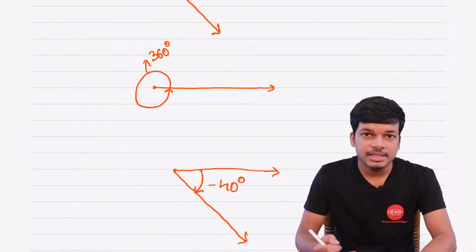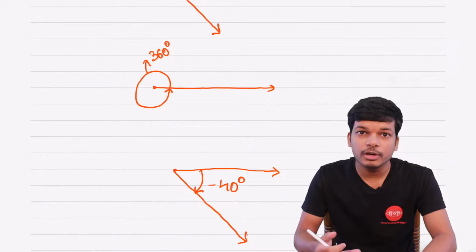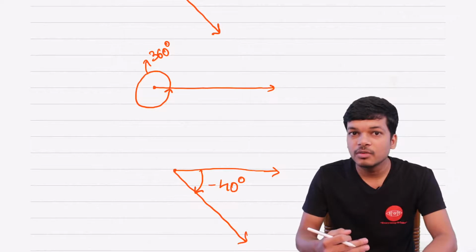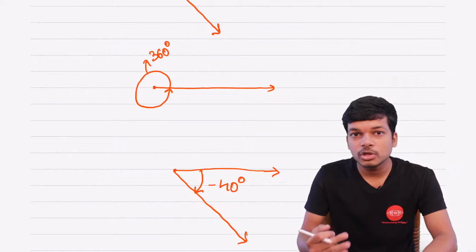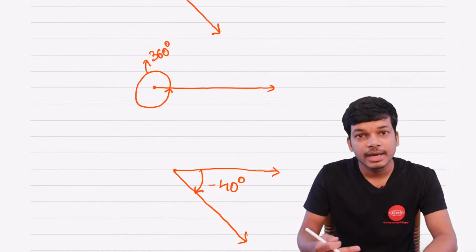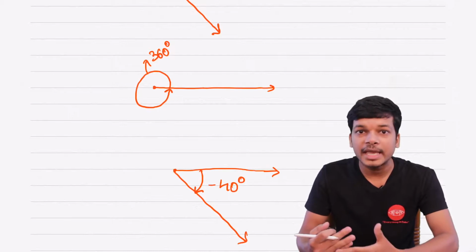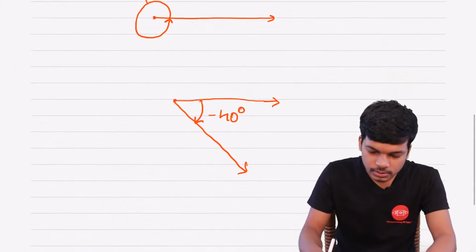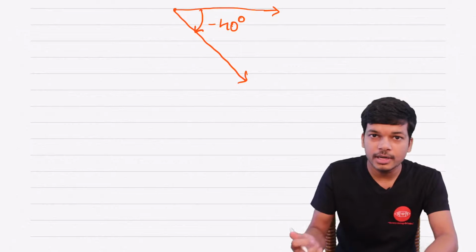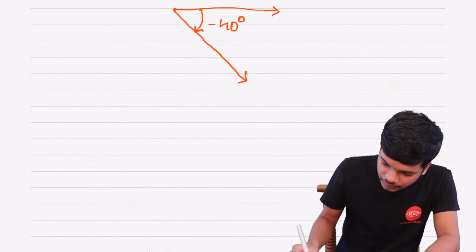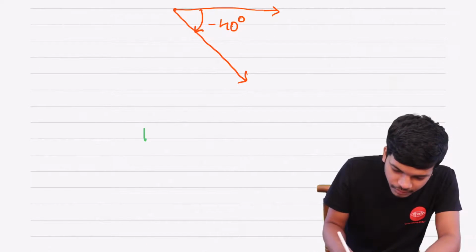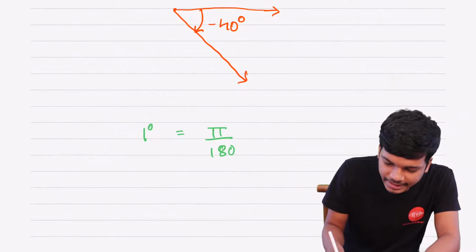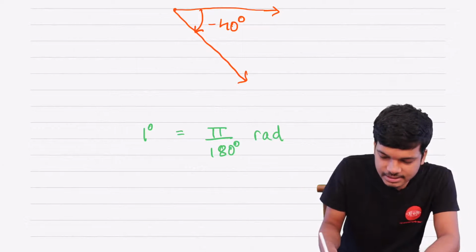Now basically these were the terms which you were already familiar with, those were degrees. But in this chapter we will be talking about most of the angles in terms of radians. Now how can we convert degrees into radians? For that we have one relationship, that is, we know that 1 degree is equal to pi upon 180 radians.